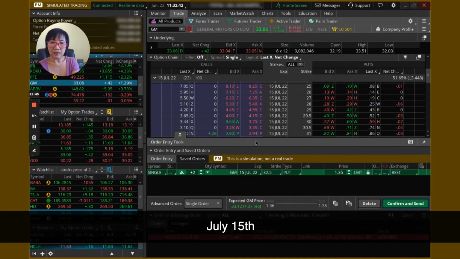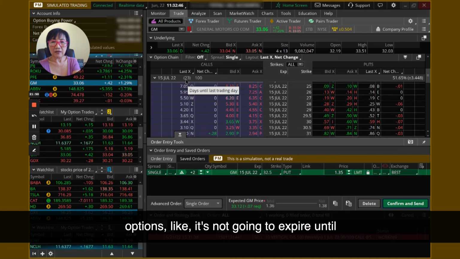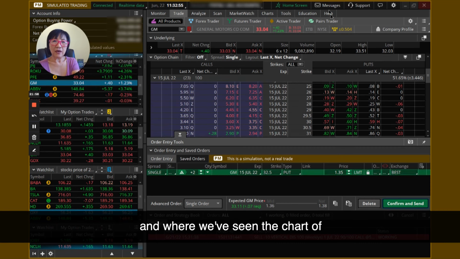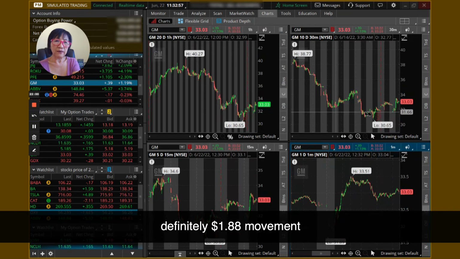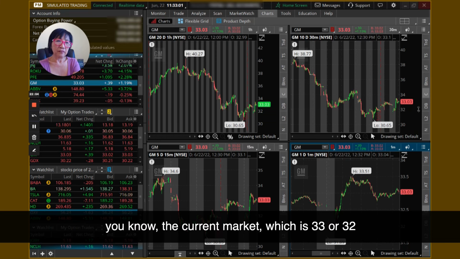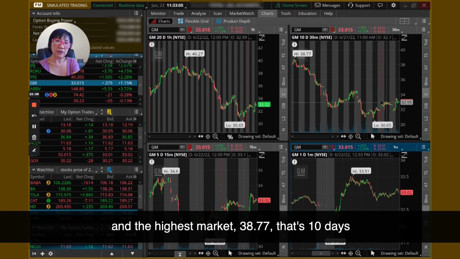Okay, July 15th, that's like 23 day options. It's not going to expire until the 15th of July. So in 23 days, we've seen on the chart definitely a $1.88 movement between the current market, which is 33.02, and the highest market, 38.77.